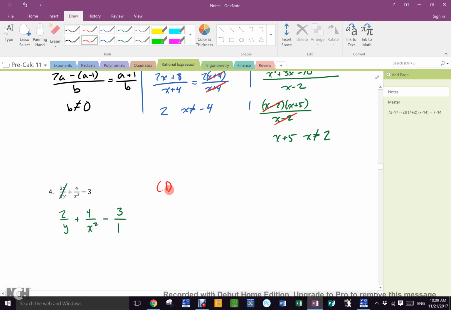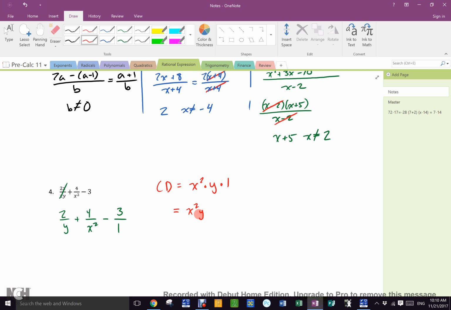So, I'm not going to put lowest common denominator. I'm going to put my common denominator is x squared times y times 1. Yes? Do I care about the 1? So what's my common denominator really? x squared y. Now, back in my first example, when we had to get to 15, right? We multiplied the 3 by 5 and the 2 by 3, right?